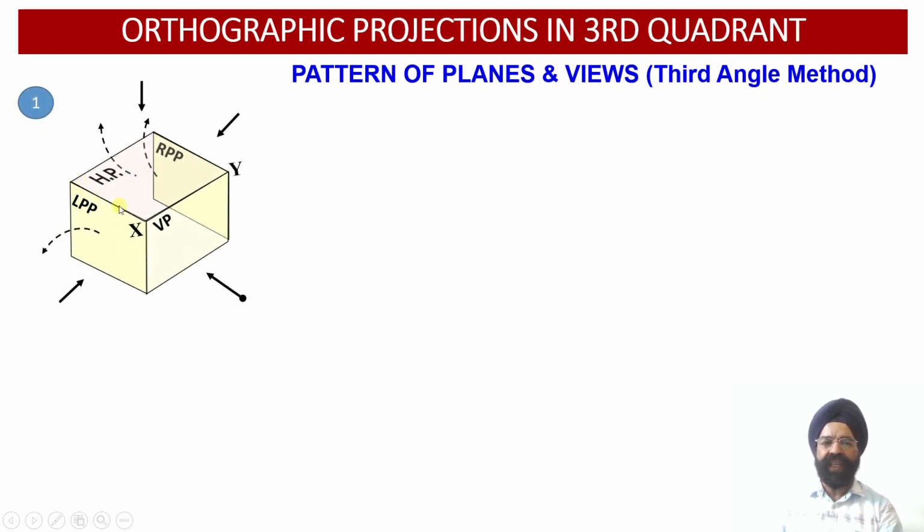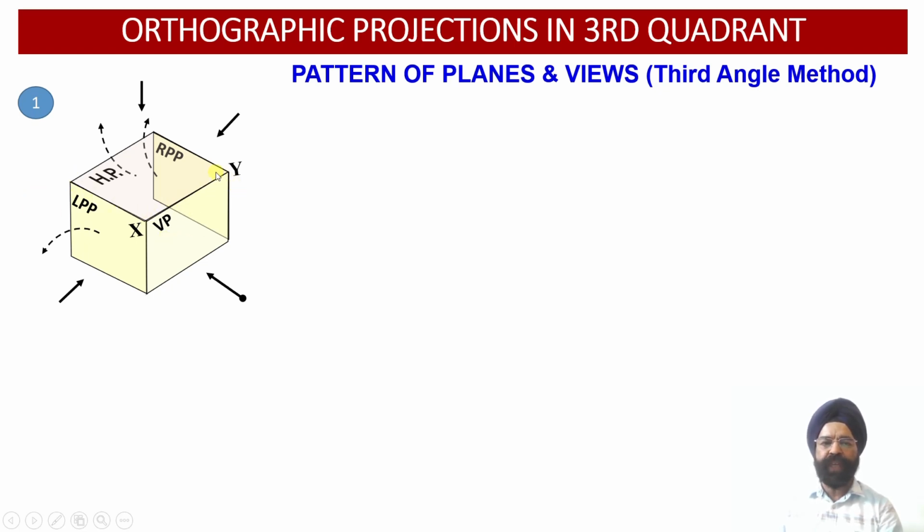So we know that in third angle projection, this is our horizontal plane, this is our vertical plane. Now the object will be lying below the horizontal plane and behind the vertical plane. So as we look at the object from the front view, the front view projection will be obtained onto the vertical plane below the XY reference line.